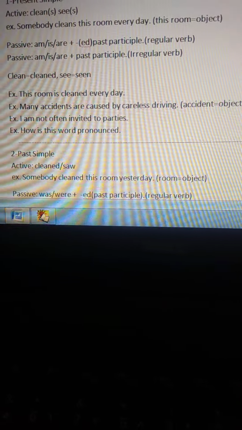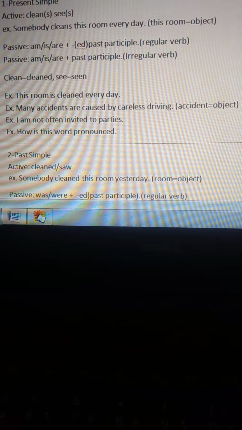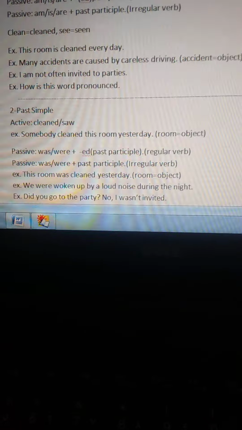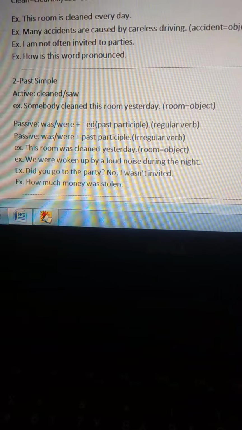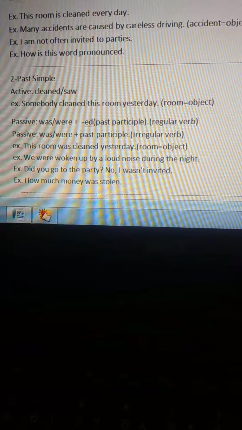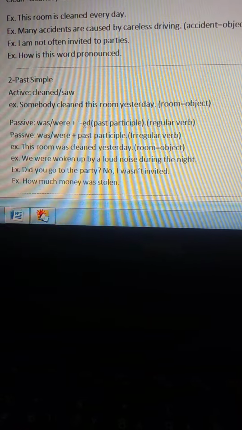Clean, cleaned, see, seen. The first sentence: this room is cleaned every day.